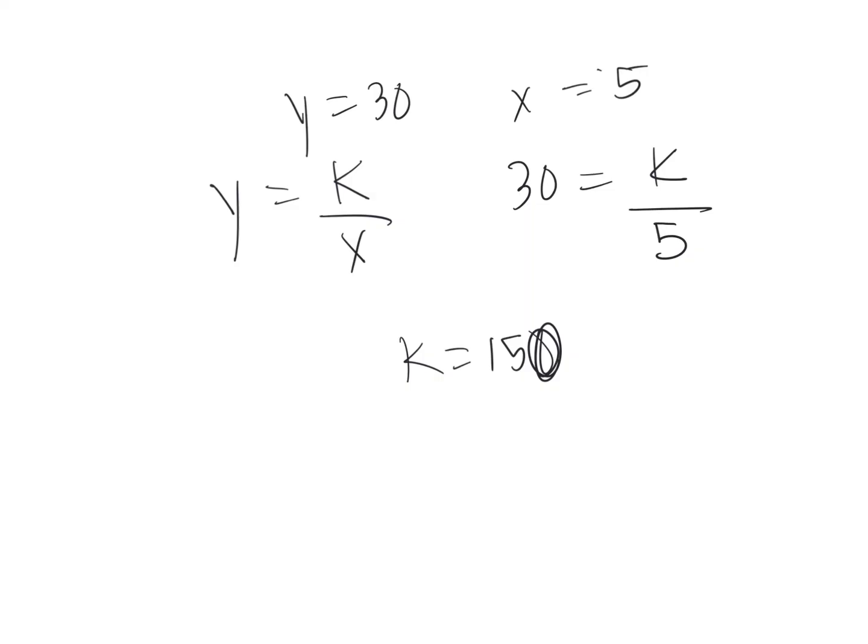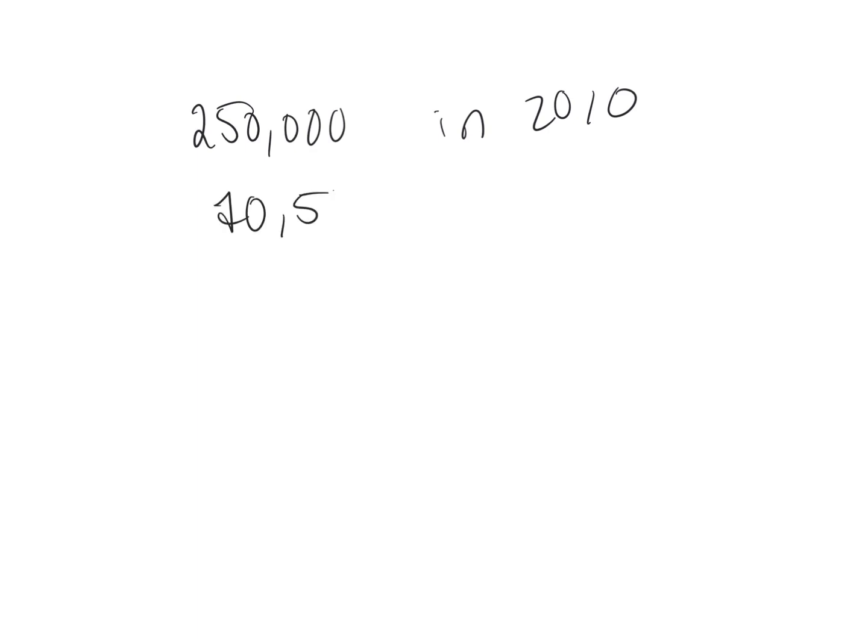All right, and then finally number 20. A house was purchased for $250,000 in 2010. It increases in value this much every year. Express the value of the house as a linear function of t.